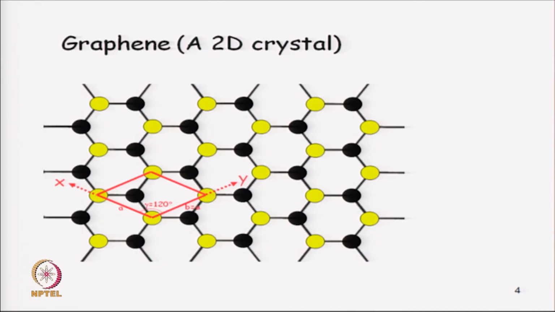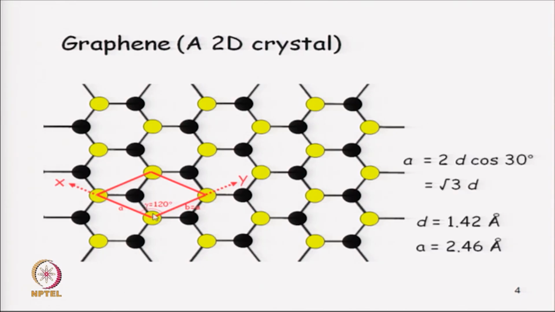The motif of course, will now be one atom from the corner, but that will not include all the atoms, we are leaving out the black atom. So, the black atom also has to be associated to the lattice point to create the motif. We can write the lattice parameters in terms of the carbon distance d, and also see that the carbon distance d is not the lattice parameter.